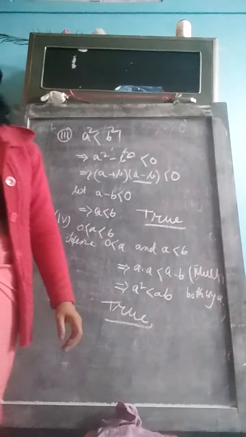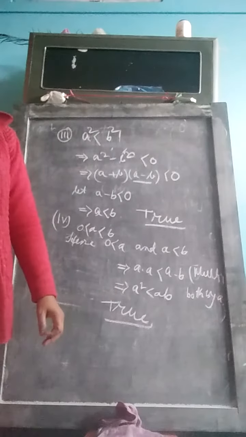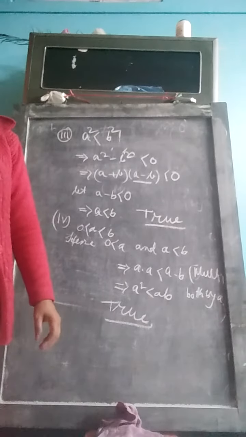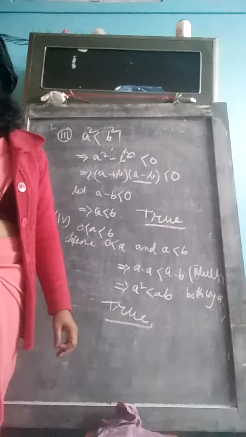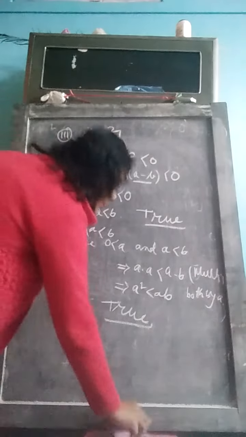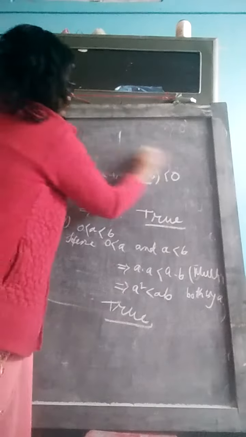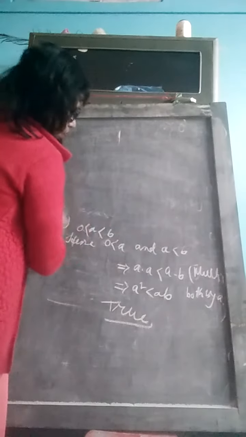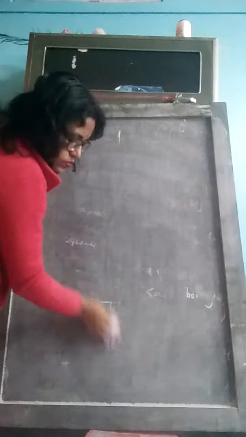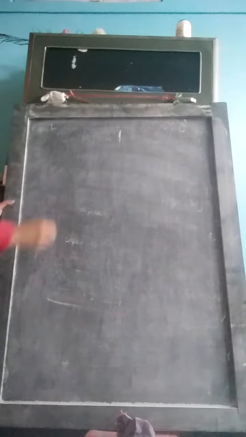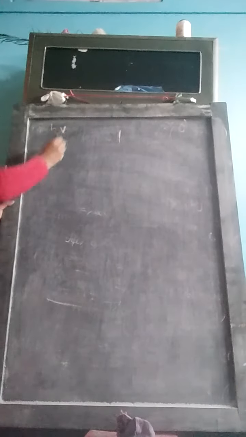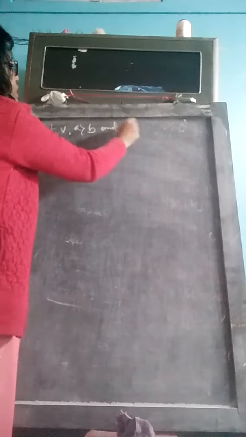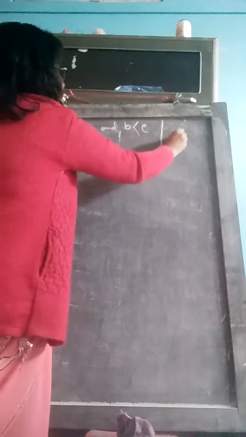If a is greater than b and b is less than c, then we have to show that a is less than c.